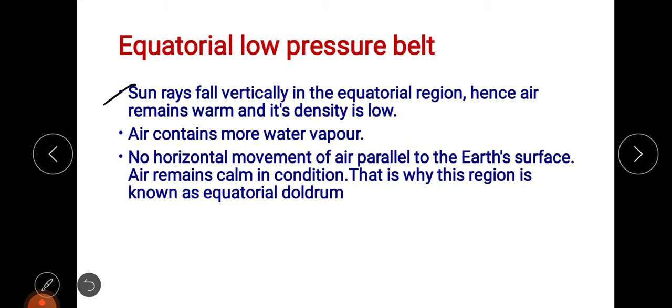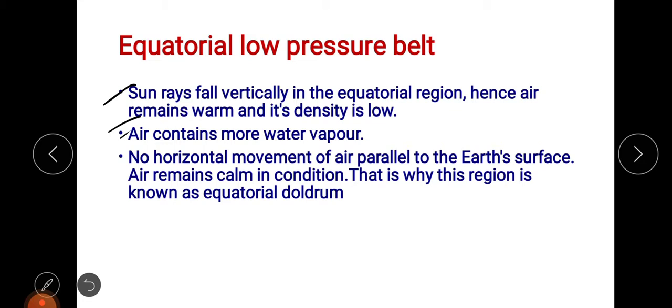Now near the equatorial region, a huge number of water bodies, oceans and seas, are there, and therefore this warm air absorbs a huge amount of moisture or water vapor from these water bodies. So air contains a lot of water vapor.